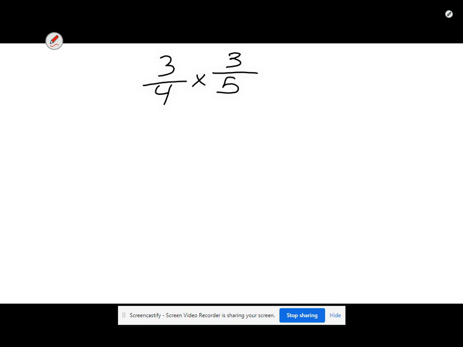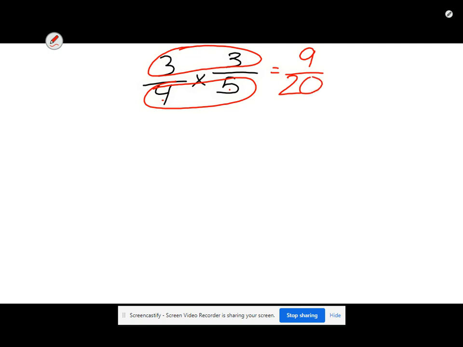Multiply going across. 3 times 3 equals 9. 4 times 5 equals 20. Can I simplify this? Do they share any factor bigger than 1? They do not. So it is as simple as it goes.